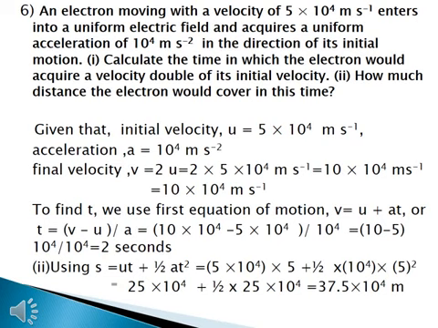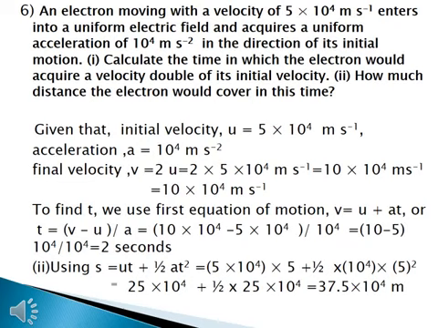Then it is equal to 2 into 5 into 10 raised to 4 meter per second. Finally, it is equal to 10 into 10 raised to 4 meter per second. To find time t, we use the first equation of motion.